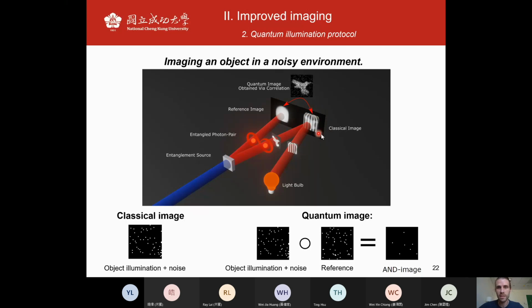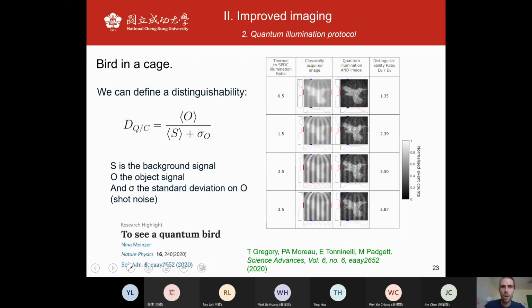In this intensity image, if you do not make any presupposition on what the noise looks like, and what the image you are trying to observe looks like, you cannot remove this noise. The quantum image correlates this part of the image to this part of the image to keep only, potentially, the quantum light.